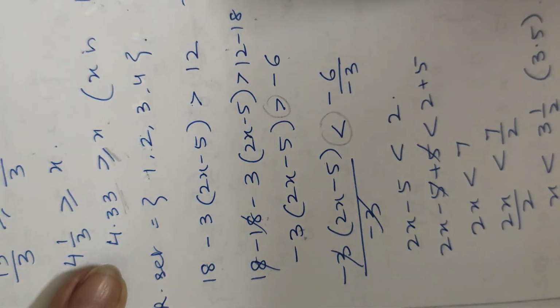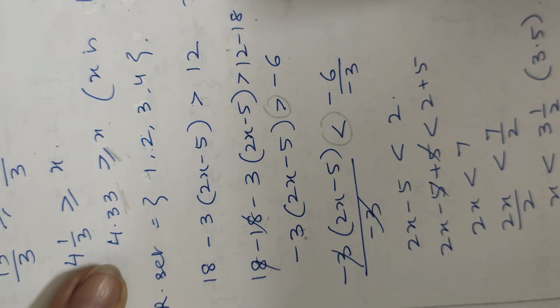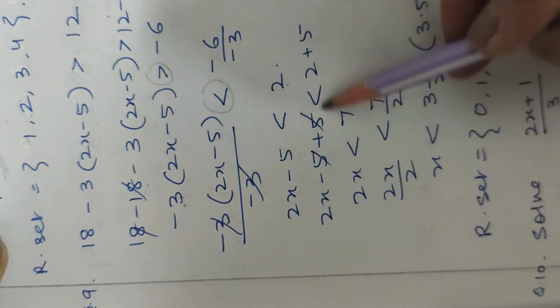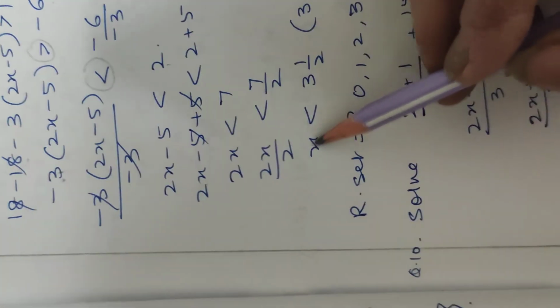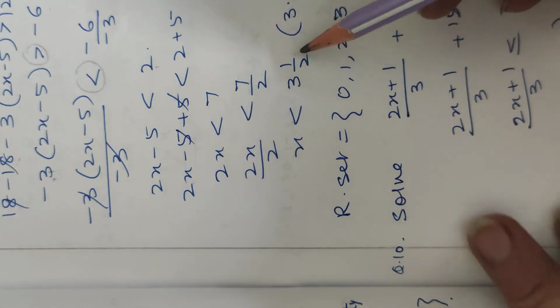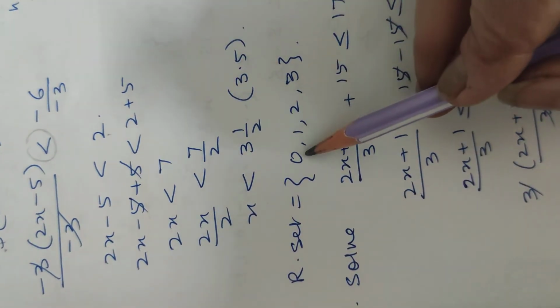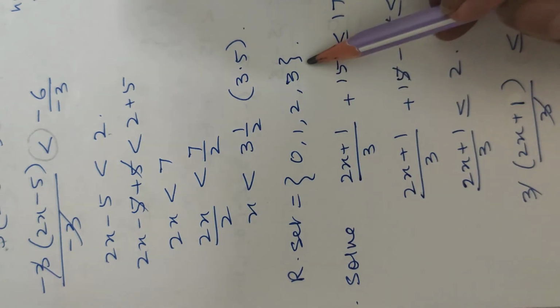So remember, when you divide a number by a negative number and when you multiply a number by a negative number, the inequality sign changes. Otherwise in all the other 4 cases it does not change. So this will be less than minus 2. Following up further, this becomes x is less than equal to 3 whole number 1 upon 2. This is 3.5. Replacement set will be 0, 1, 2, 3.